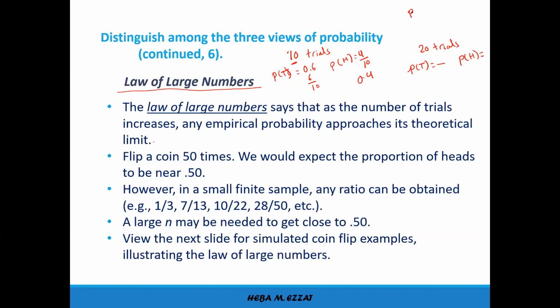Not 0.2. If the coin behaves similarly for the 10 trials, the probability of T equals 1.2. How, when you just said the probability cannot exceed 1? Sorry, maximum 1. Yes, maximum 1.